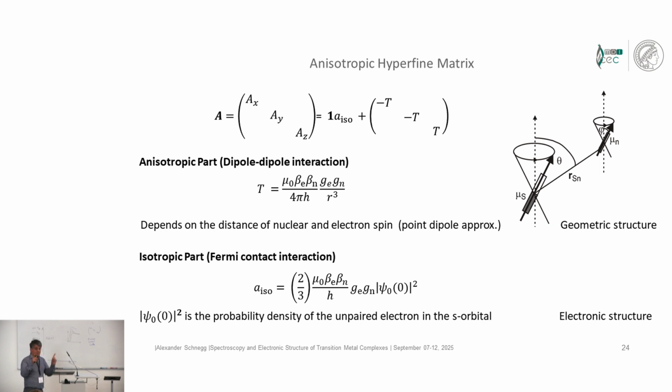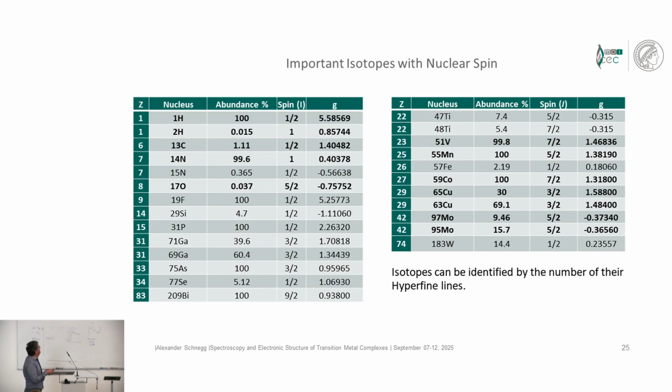It's orientation dependent because the relative orientation of this pair with respect to the external magnetic field will determine the size of this. It will determine the resonance position. In addition, there's an isotropic part. Oftentimes, this can be directly related to the probability density of the unpaired electron in the s orbital, and therefore isotropic hyperfine interactions carry important information about the electronic structure of a molecule. But I think Frank has described this already in more detail today.